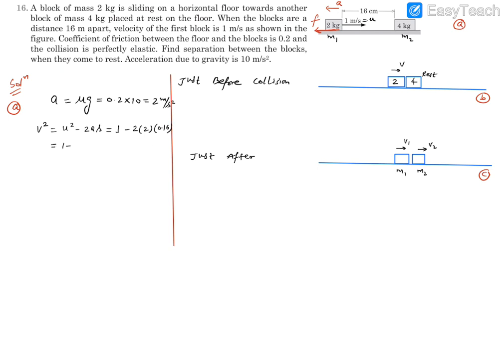So this will become 1 minus 0.64, which leads to 0.36, which ultimately leads to velocity as 0.6 meter per second. So you'll find the velocity just prior to collision of the first block is going to be 0.6 meter per second. Okay, now let's come to picture number 2 and solve for B.